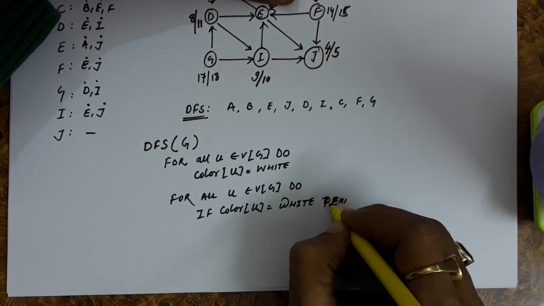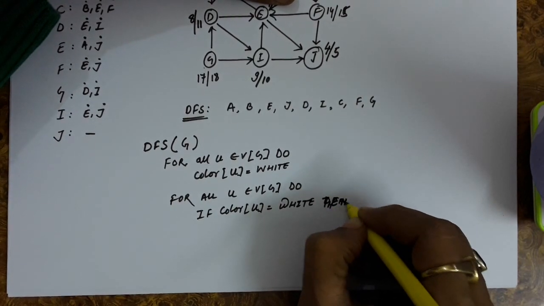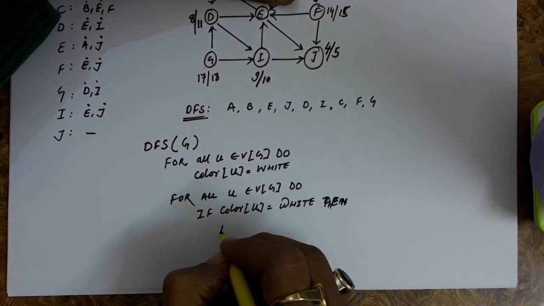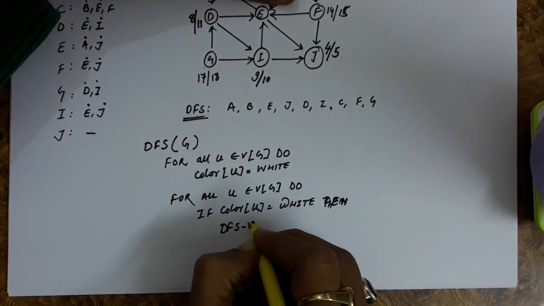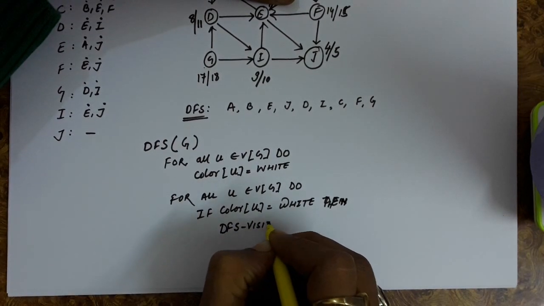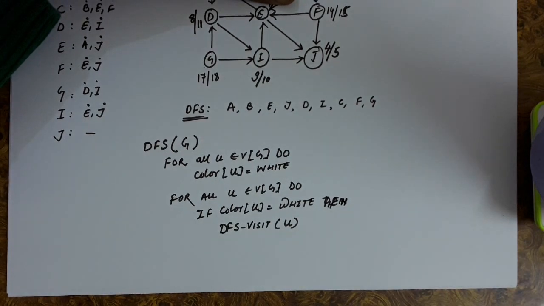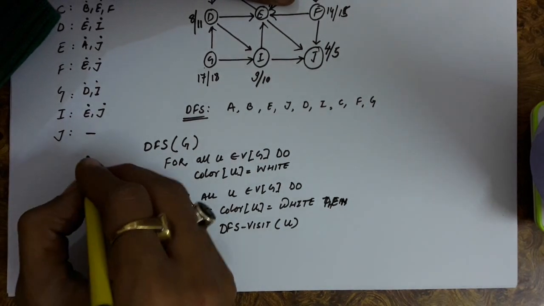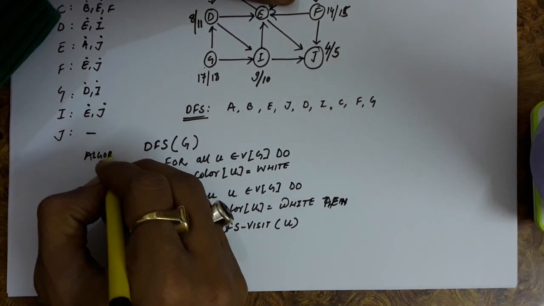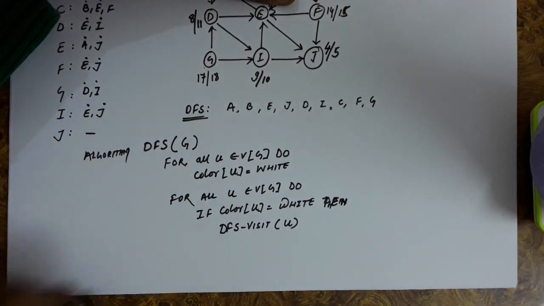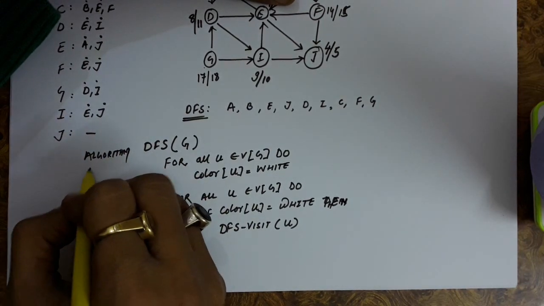If the color of any vertex is white, then you explore this vertex and say the exploration is done with the help of DFS visit function. So you're going to visit the vertex using the DFS visit. Fine. So this is the algorithm for DFS. Yes, obviously we will be writing the DFS visit algorithm also.